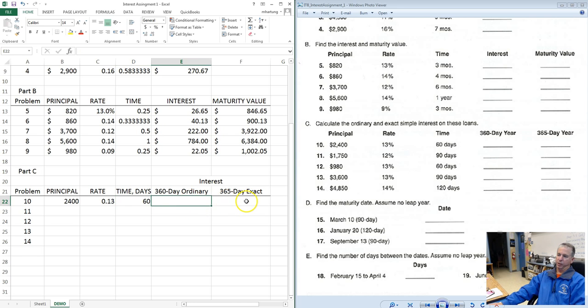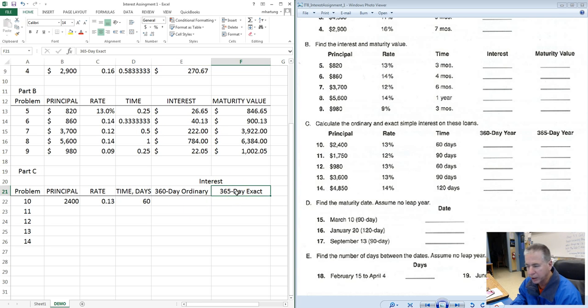And then we will come here and do a conversion of our days and convert them to years based on, in the first situation, we will calculate interest based on a 360-day year or ordinary year. And then we'll calculate that interest based on a 365-day or exact year.